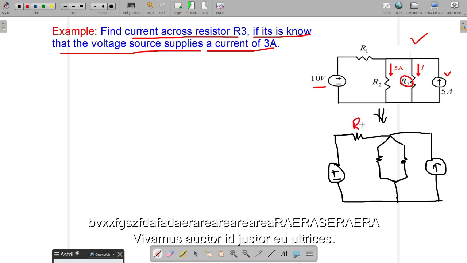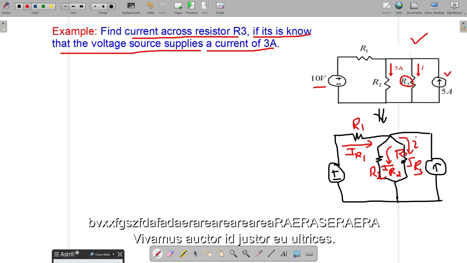This is R1, and the current across R1 is IR1, let's suppose. This is R2, and the current across this R2 is IR2, let's suppose, and this is IR3. The current across resistor R3 is IR3, suppose.